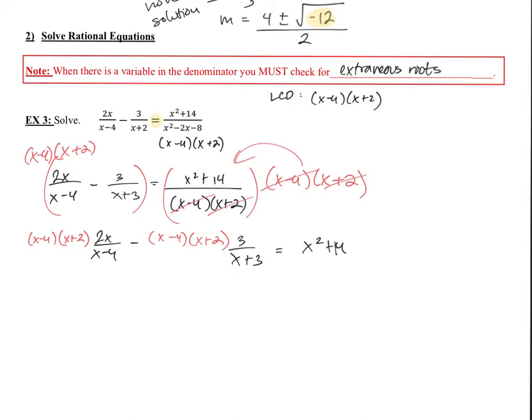Alright, so now once I do that, that cancels with that one, and the 2 cancels to the other 2. Alright, what are we left with? We're left with 2x times x plus 2 minus 3 times x minus 4 equals x squared plus 14.